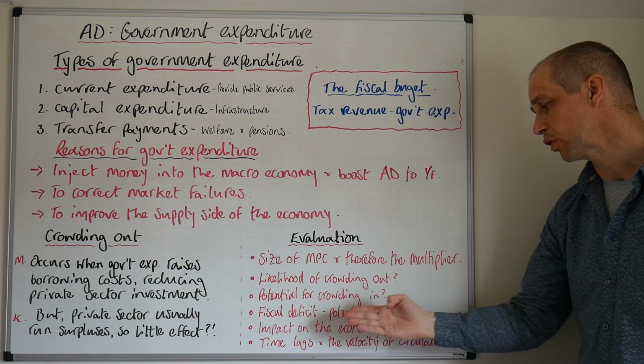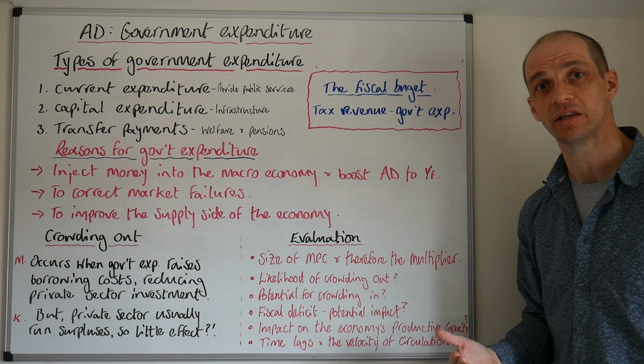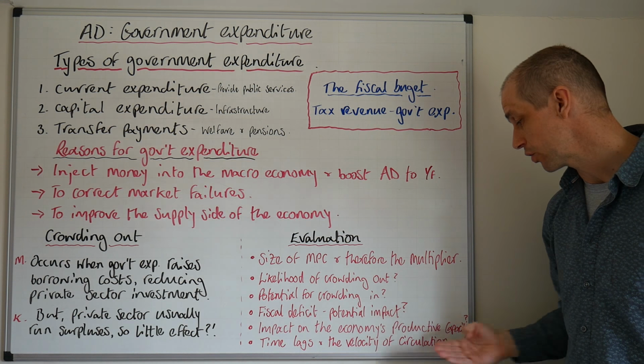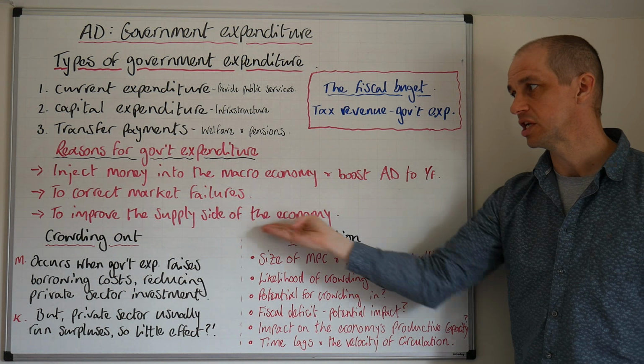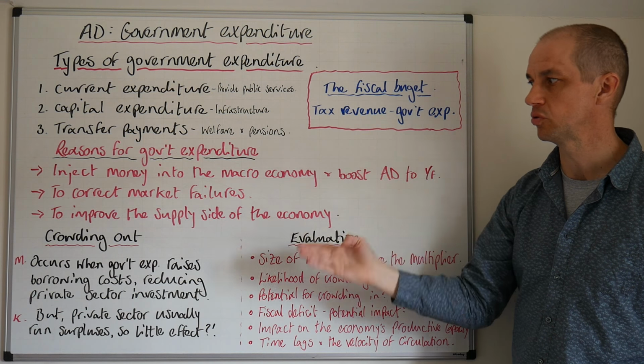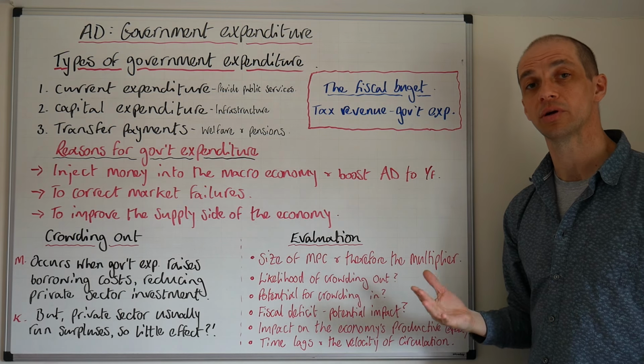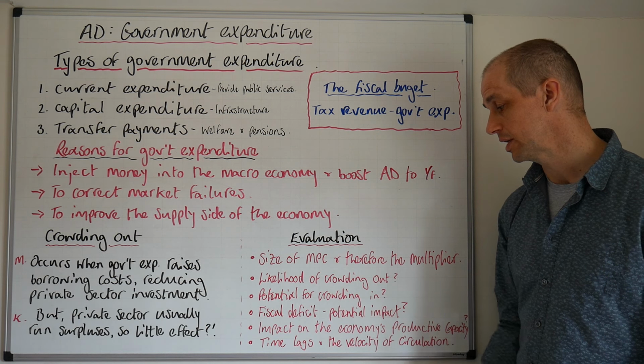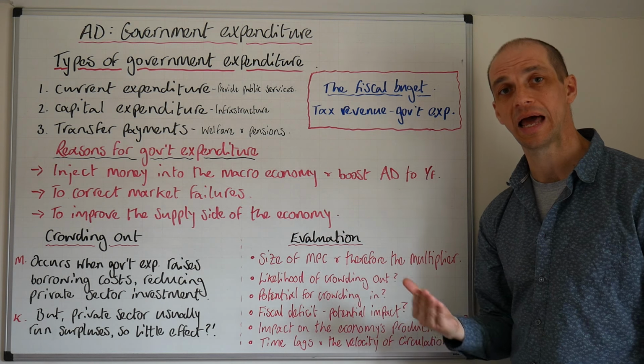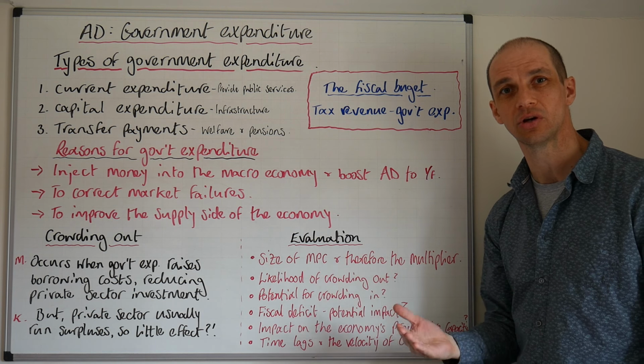Okay, and then we've got the impact on the economy's productive capacity. We mentioned this point with regard to capital expenditure: can it improve the supply side of the economy? How likely is that? And what about the time lags and the velocity of circulation?